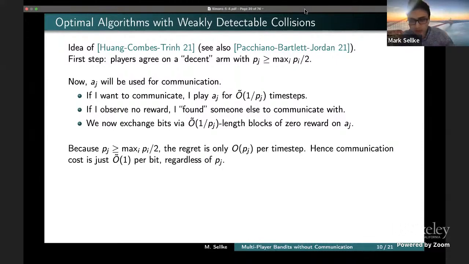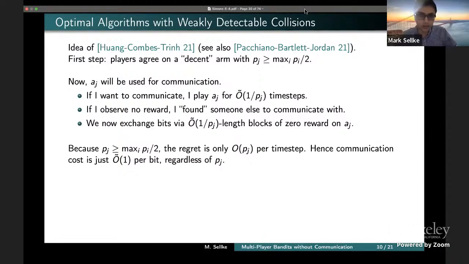And the nice thing is that there's some cancellation. Because the arm is close to the best arm, the regret from doing this communication procedure is not too high if the reward probability PJ is small. So even if it takes a long time to send a bit, like 1/PJ time, the regret of this communication is basically 1 per bit we send.